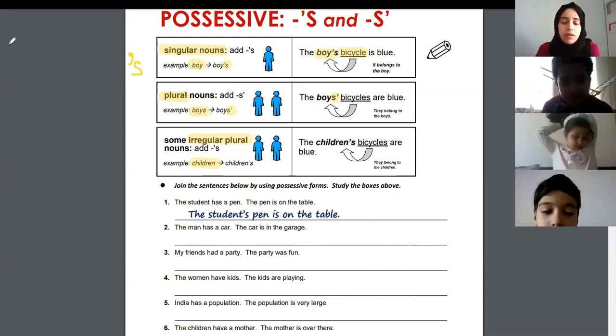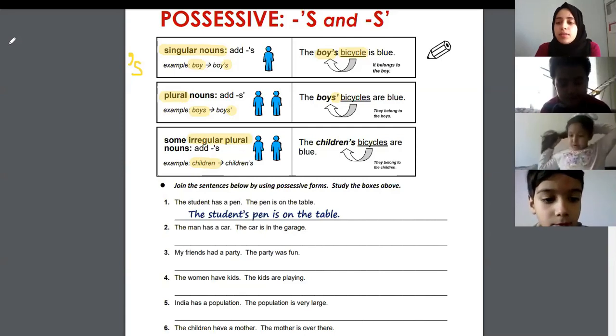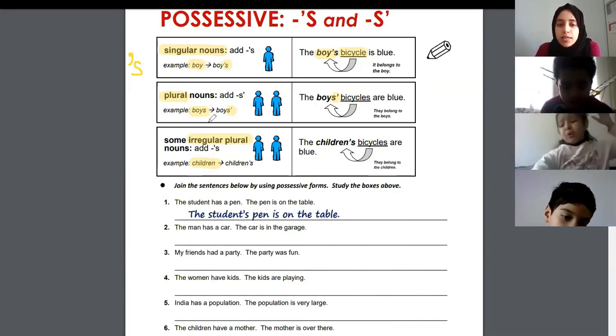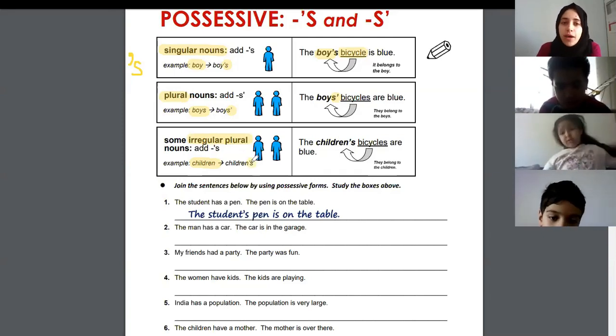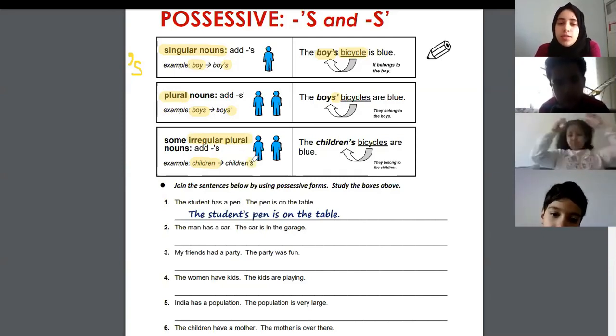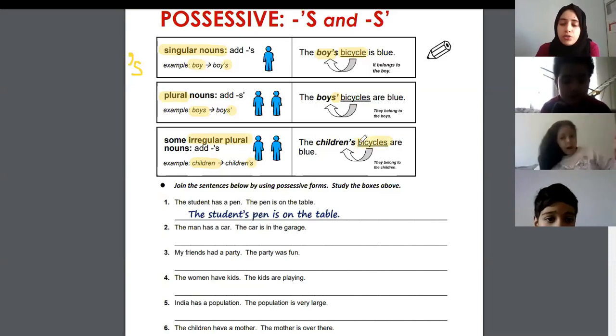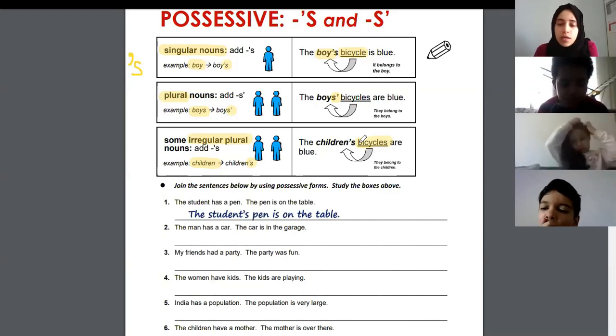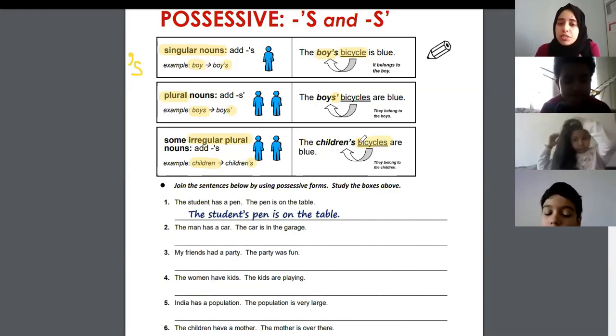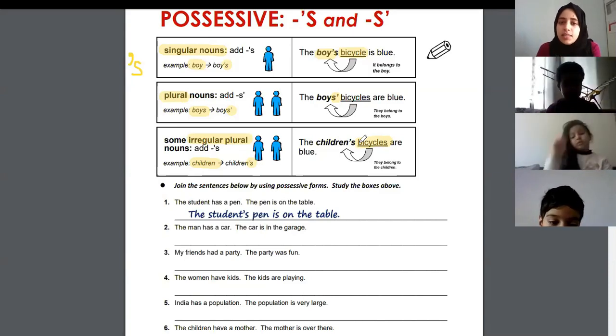So because the plural is different, is unique, or is special, we have to add apostrophe and S the same way we add it to the singular noun. So the bicycles belong to the children, or instead of saying the bicycle belong to the children, we just say children's bicycles. So the apostrophe and S help us make our sentences shorter.